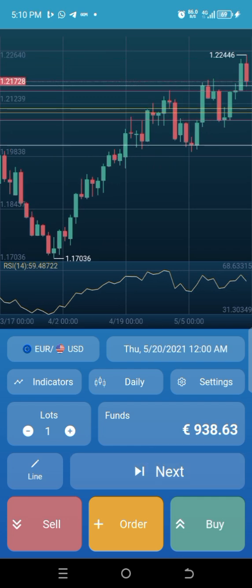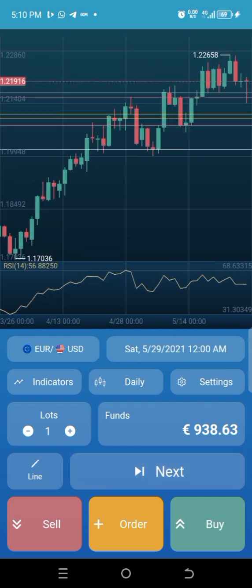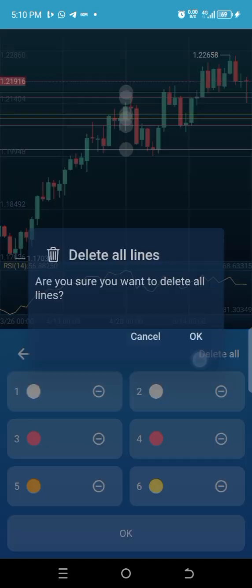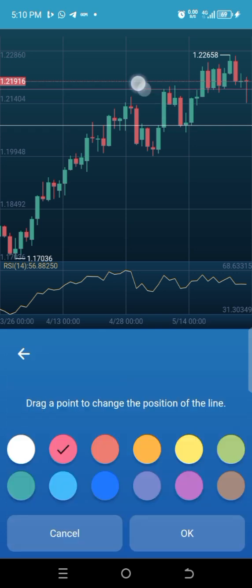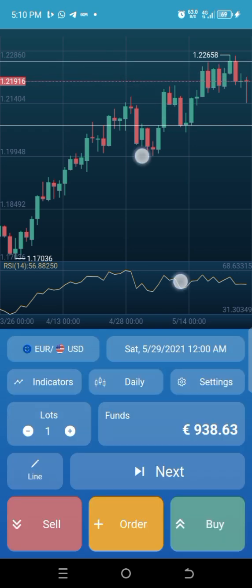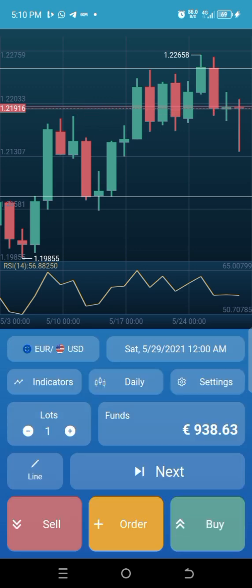Okay, let's wait for another candle of interest to be formed. It has formed with a very small body. Low, high, open and close.